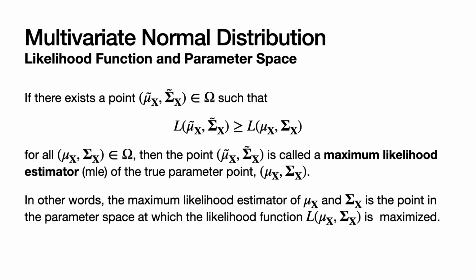In other words, the maximum likelihood estimator of mu sub x and capital sigma sub x is the point in the parameter space at which the likelihood function capital L is maximized.